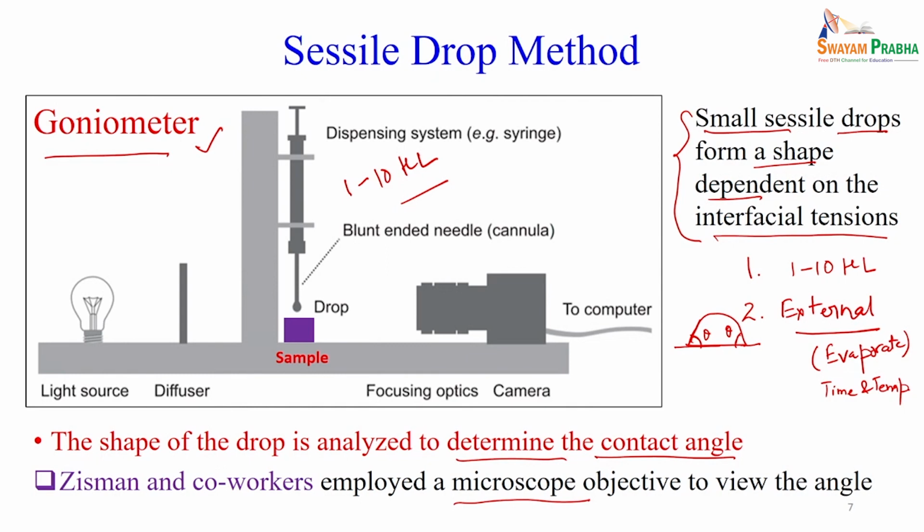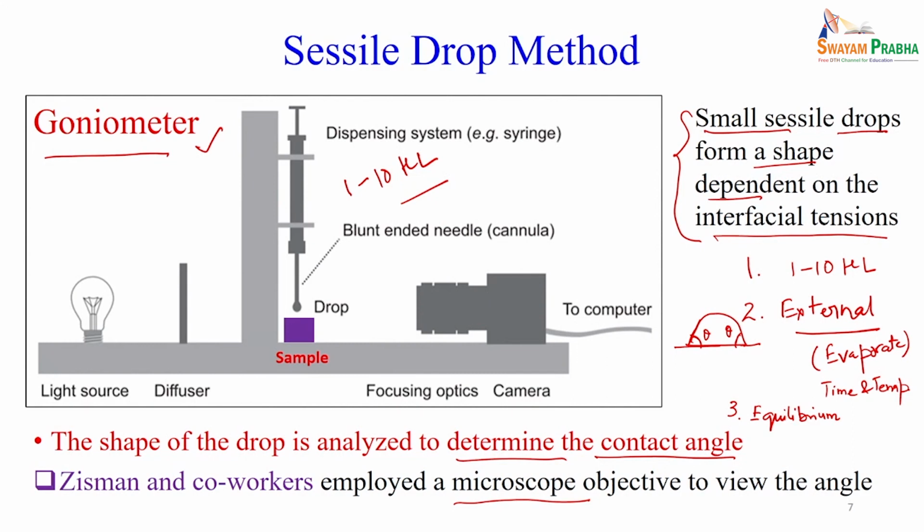Now, the third thing is the equilibrium. If you put a drop over here, it will take some time to reach equilibrium.